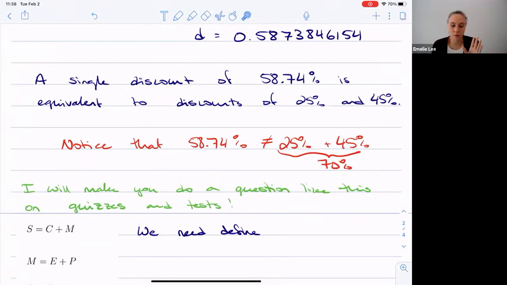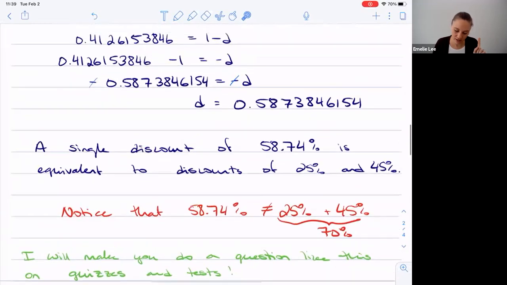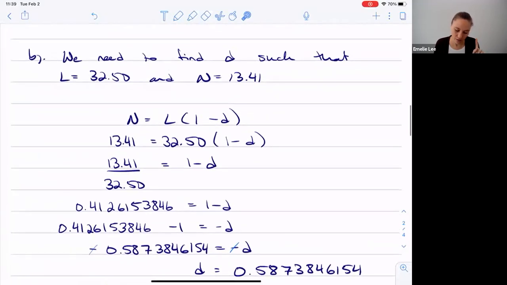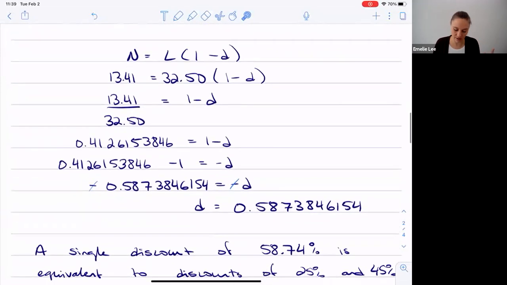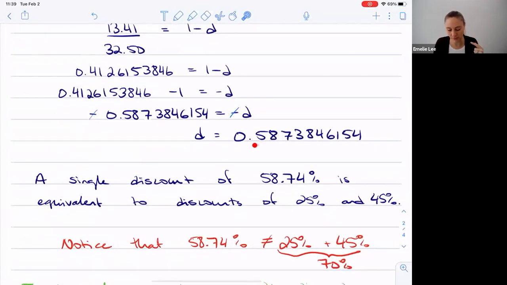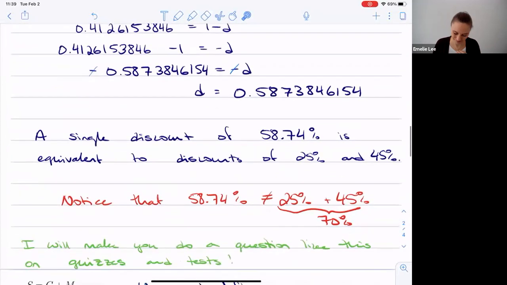So that's where I want you to say, okay, if I have to find the one discount that's equivalent, I can't just add those two up. I need to go through and do the work and find L and N at those multiple discounts. And then I can solve for D, that one discount, which we found to be 58.74%. Okay. Nice.